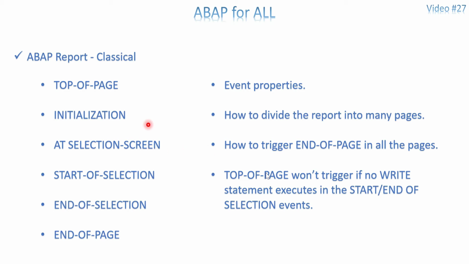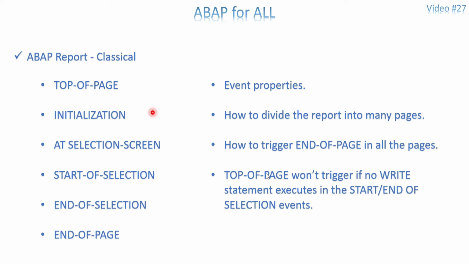Each event has its own properties, and there are some prerequisites to trigger a particular event. We also saw how initialization works for a screen without screen programming, with some examples, and how to trigger end of page in all the pages.